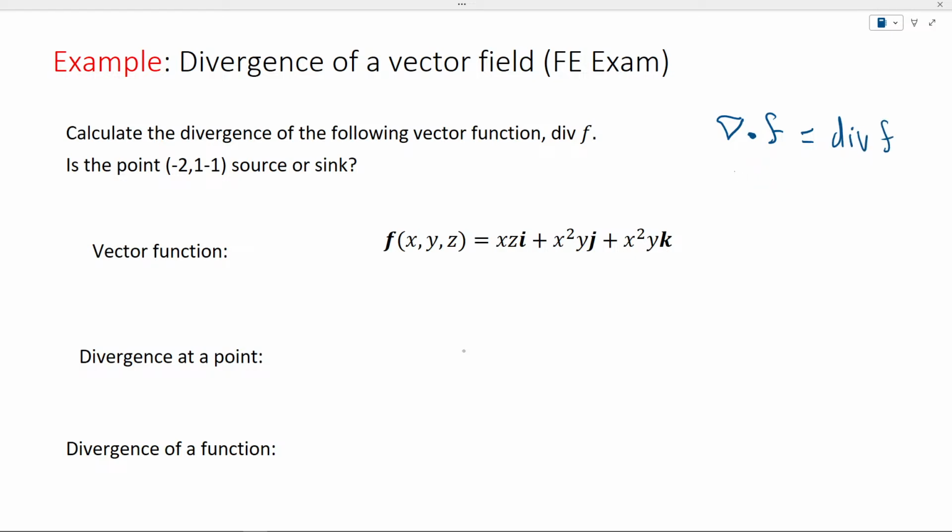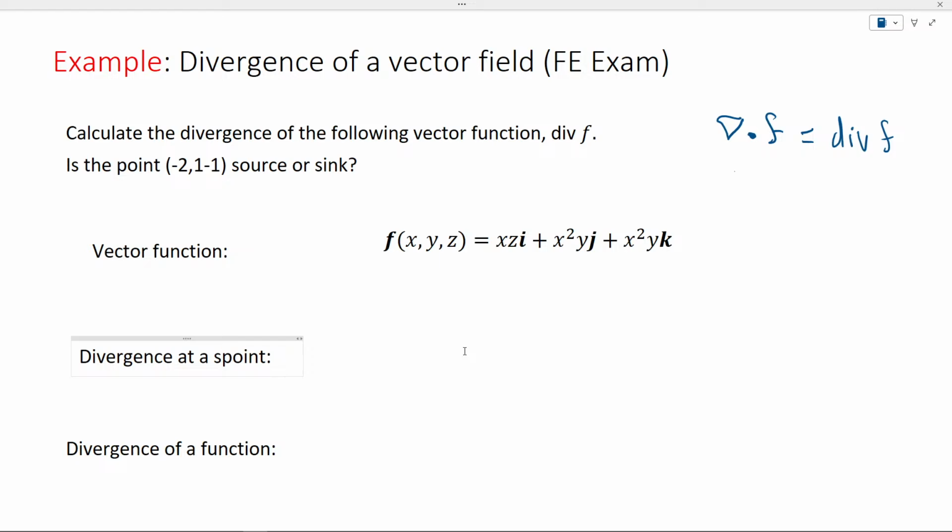So this is my vector function, and what is the divergence of the function? Actually, my handwriting is not good, but I think one thing I can do is actually type.